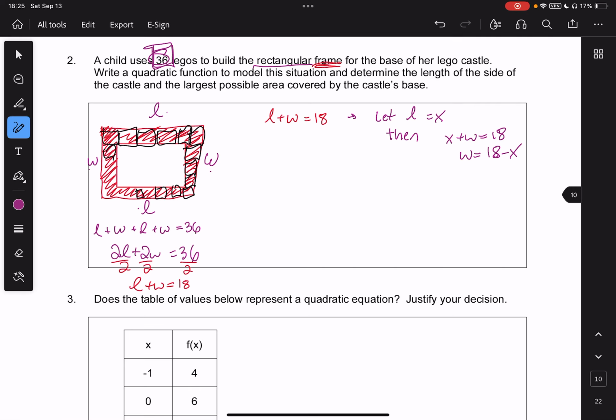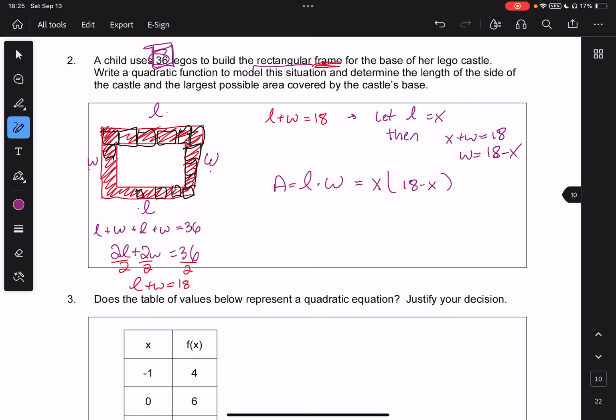We're going to make the area. Remember, area is equal to length times width. So in this case, our area is equal to X times our width, which we said is 18 minus X.